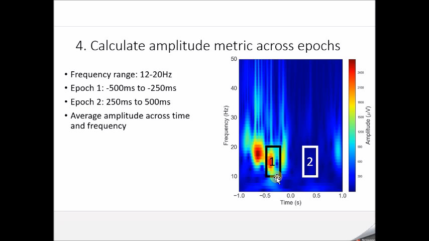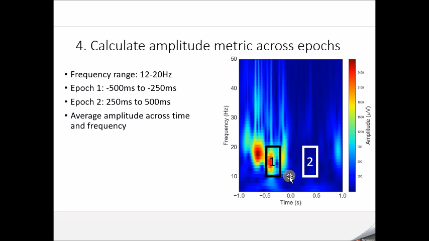So, for example, if we're interested in the beta amplitude between 10 and 20 hertz before and after an event at time 0, we would choose the frequency axis to range between 10 and 20 hertz, and the time axis, for example, to go between negative 500 milliseconds and negative 250 milliseconds, and positive 250 milliseconds to positive 500 milliseconds for the other epoch that we're interested in.